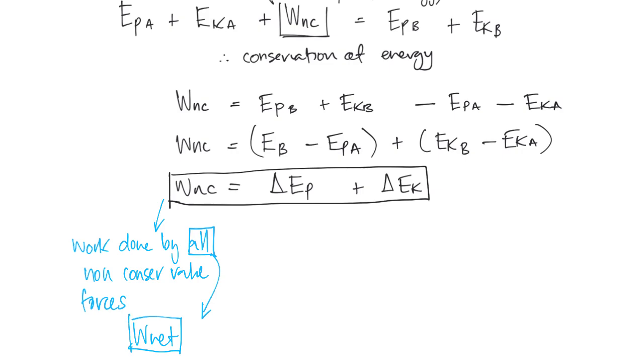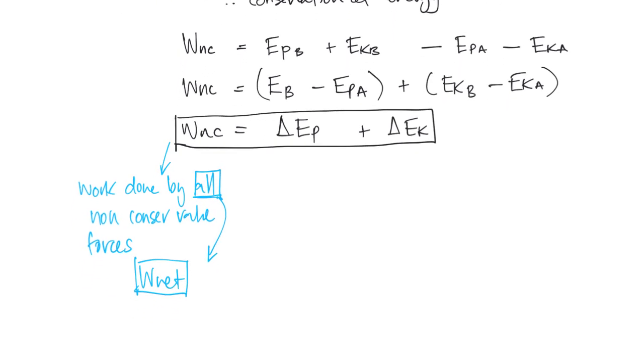You can choose method 1 or method 2, but this WNC refers to everything. So if I had just friction, then I would have W friction. If I had W force applied, then I would have W force applied. But if I had both, then I'd have to work out the net work being done.